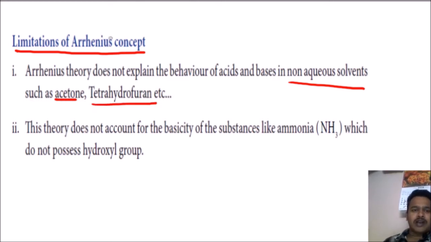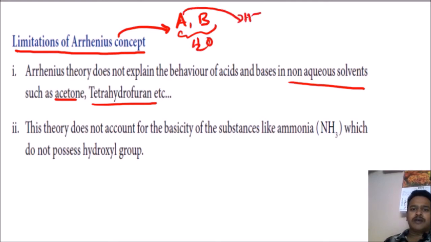Arrhenius explains acids and bases only in water, H2O. Acid means H plus giving, base means OH minus giving, that's it. Non-aqueous solutions like acetone and tetrahydrofuran, he didn't explain. So it is a limitation, a drawback of Arrhenius.